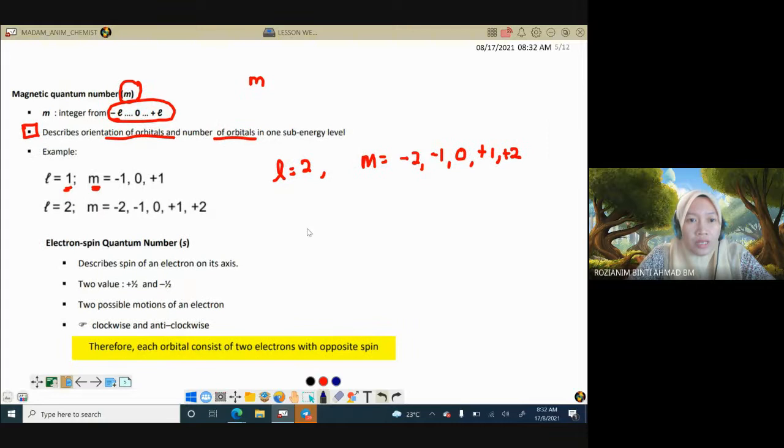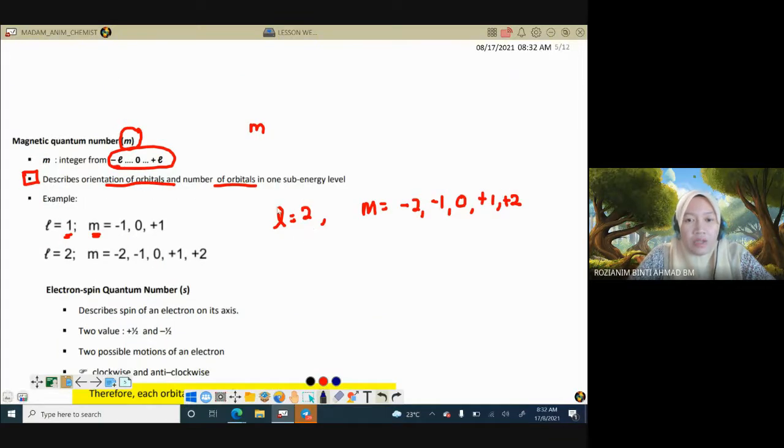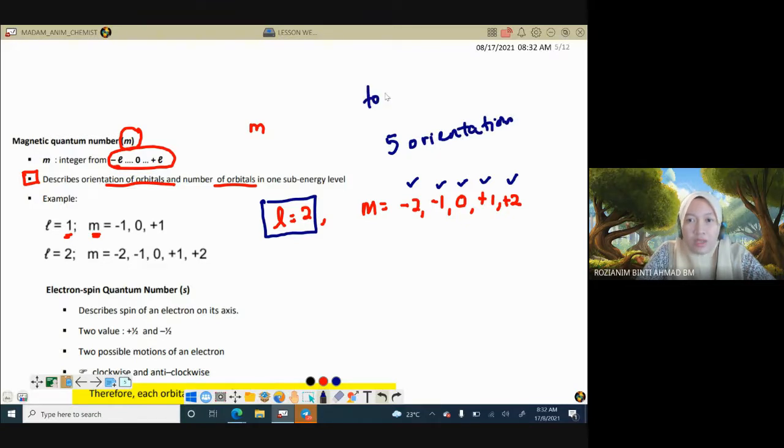So bila kita trace, if electron itu berada pada shell number 2 and the value of M we have 1, 2, 3, 4, 5. So we have 5 orientation. Okay, 5 orientation means the total orbital in space is equal to the 5 orbital.